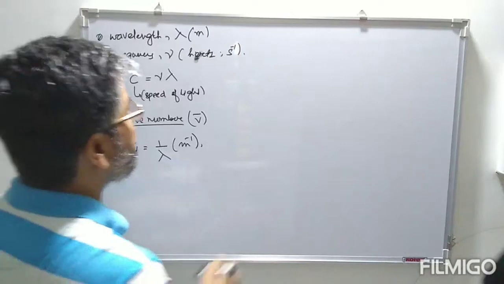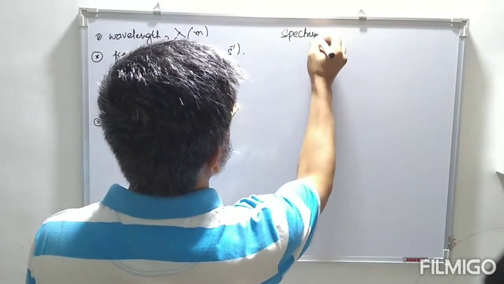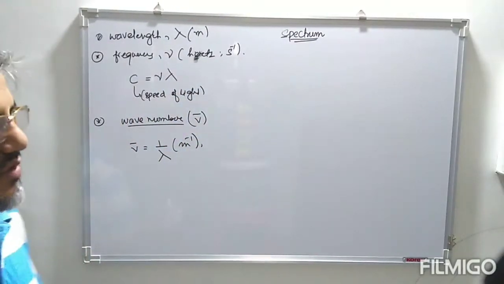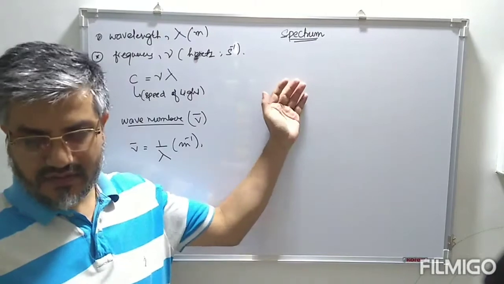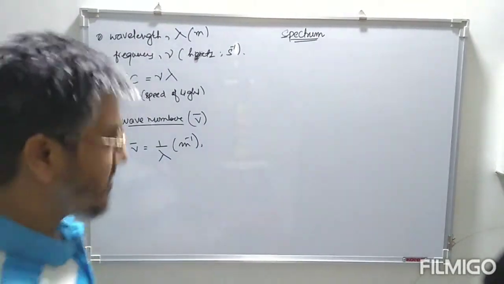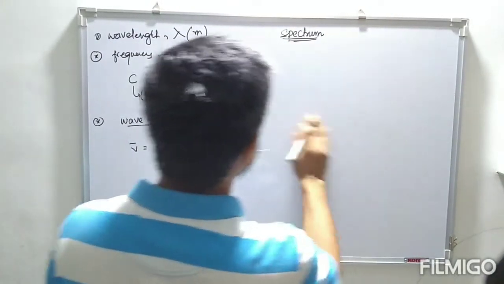So this arrangement is what we call spectrum. So spectrum is nothing but the arrangement of these different electromagnetic waves in order of their wavelength or frequency or energy. So I'm giving a brief idea about the spectrum.